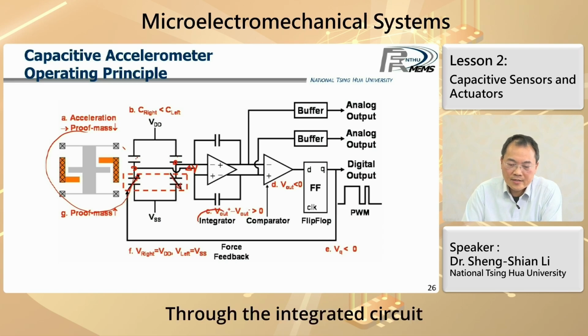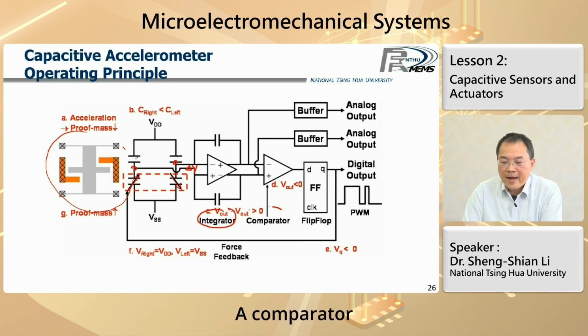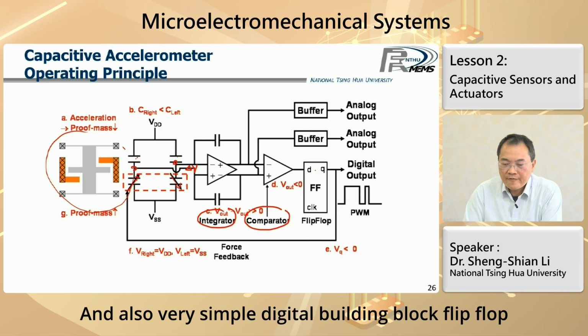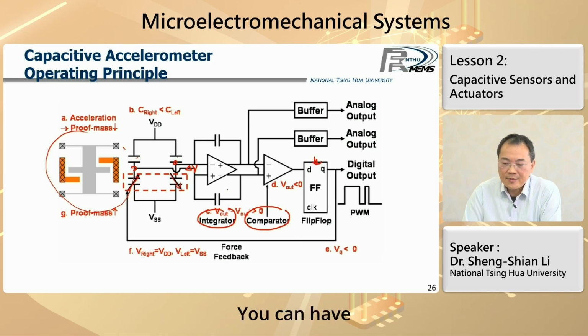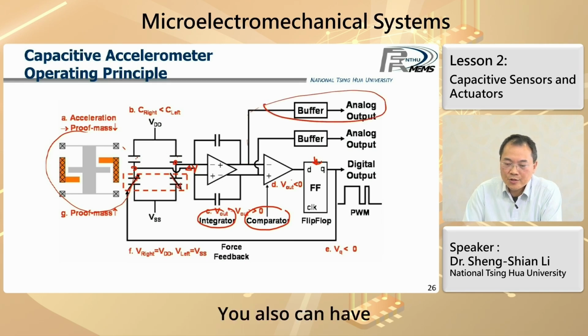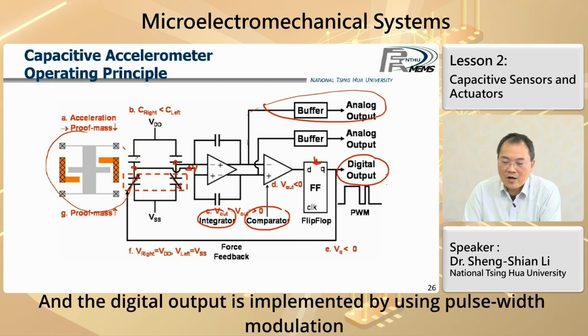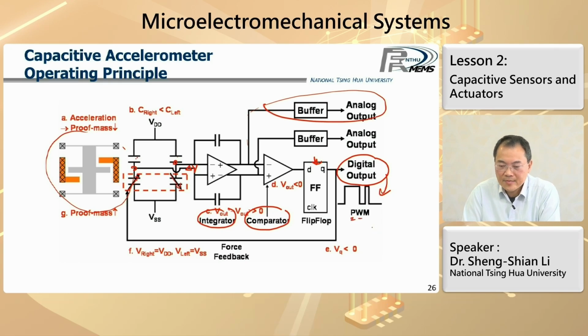Through the integrated circuit, a comparator, and also a very simple digital building block, a flip-flop, you can have what? Analog output. You also can have digital output, right? And the digital output is implemented by using pulse width modulation.